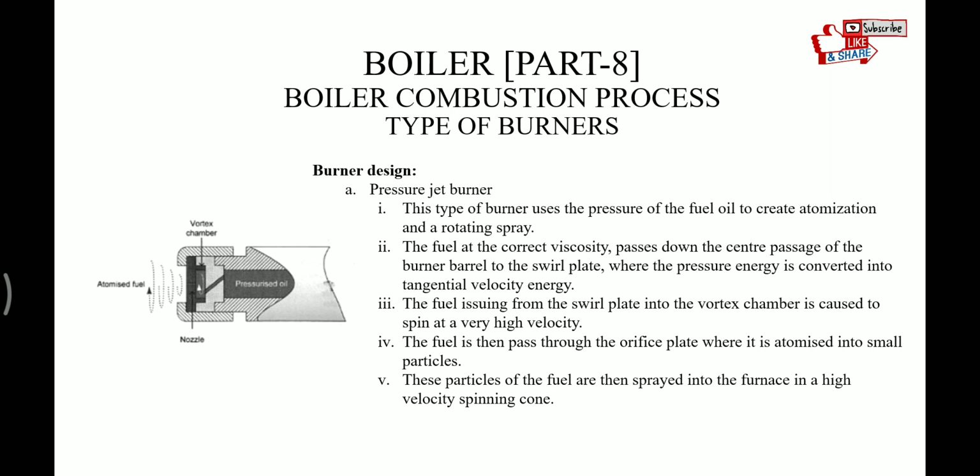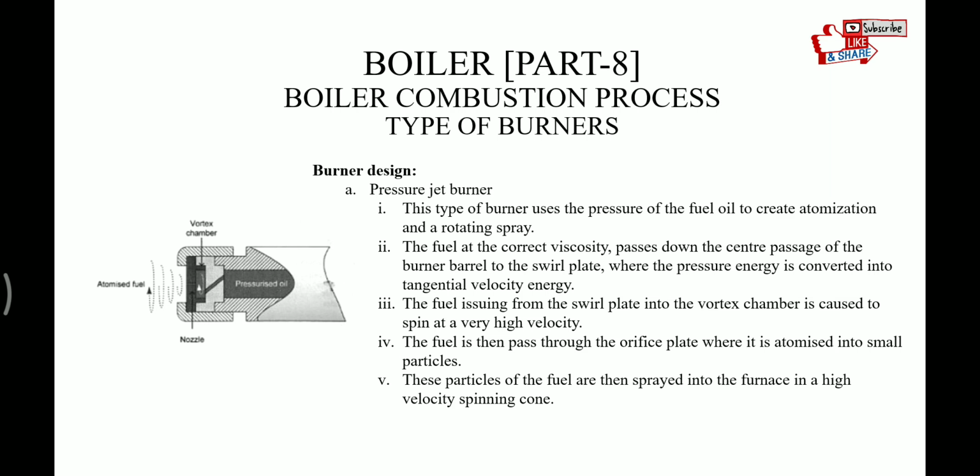First is pressure jet burners. This type of burner uses the pressure of the oil to create atomization and a rotating spray. The fuel at the correct viscosity passes down the center passage of the burner barrel to the swirl plate, where the pressure energy is converted into tangential velocity energy.